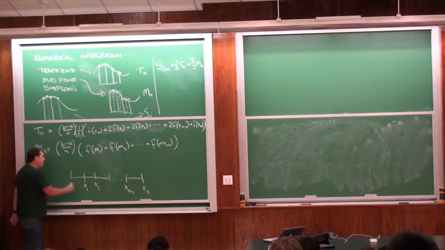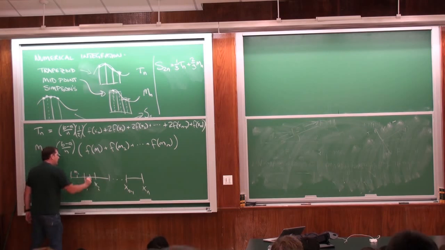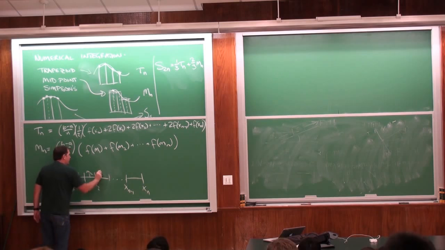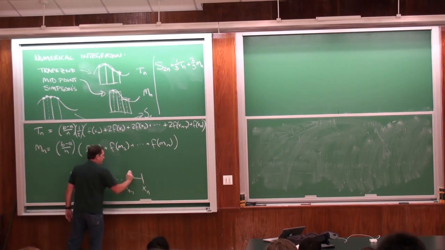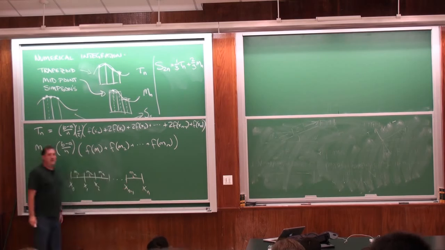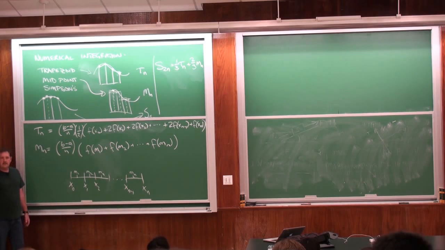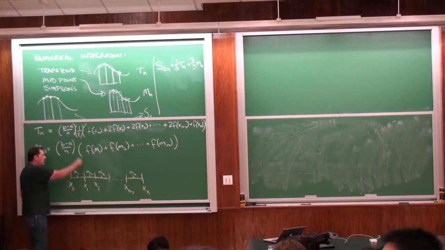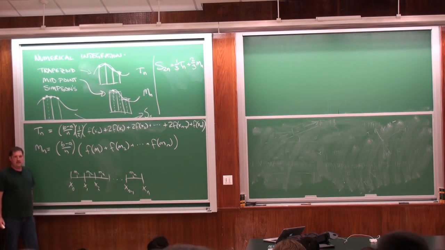And I'm going to call m1, m2, m3, mn, the midpoints of those rectangles. And then the heights over it are plug this into the function.